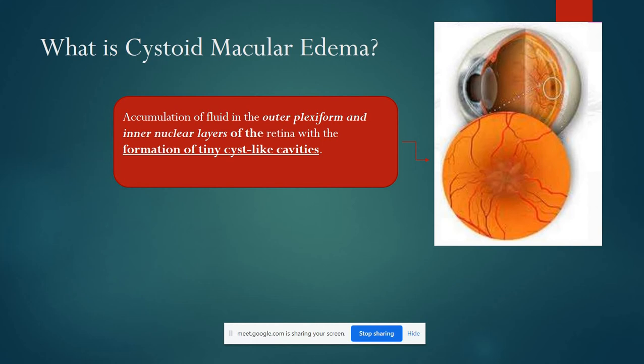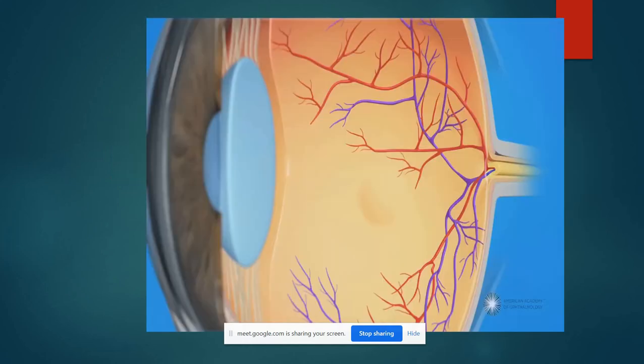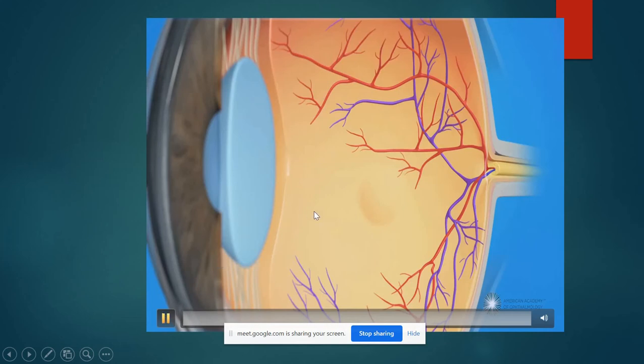This tiny cavity looks like a cyst. We all know how a cyst looks, so it is called a cystic cavity. Okay, so maybe you will have a look into this particular video for a better understanding.